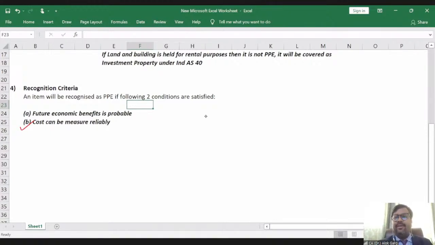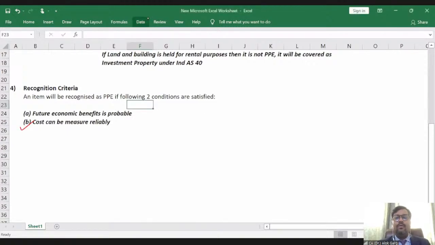Can you enjoy the benefit out of this car? Can you use this car? For example, the life of the car is 10 years. Can you expect the usage of this car? Because the government of India has banned this car the moment you purchased it. Tell me whether future economic benefit is probable.